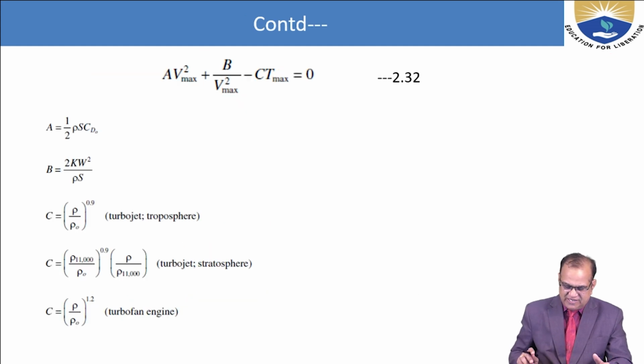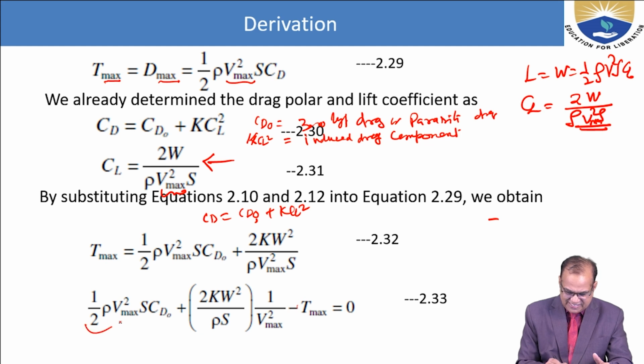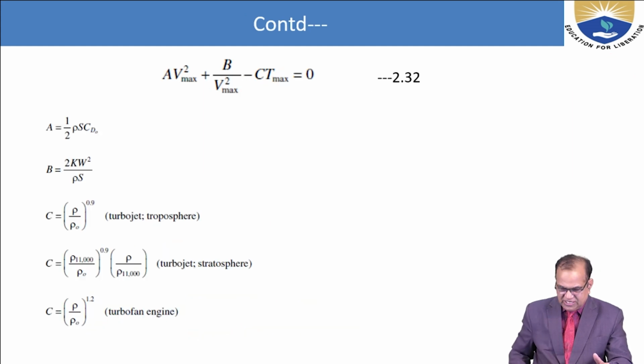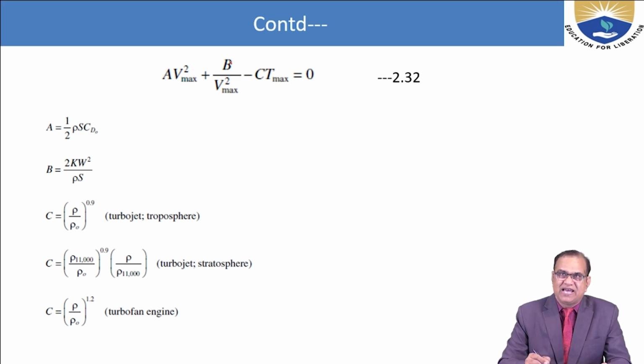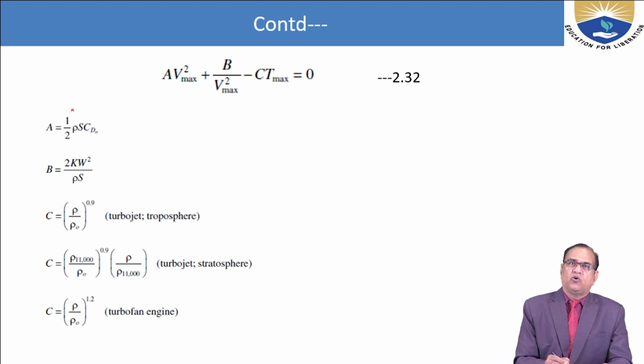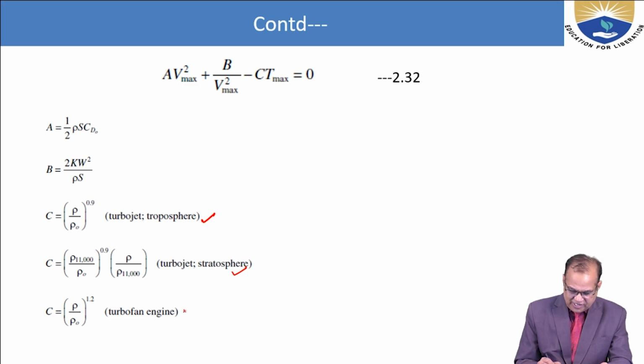Now we can call this A, this B, and this C. So you will get A V square plus B by V square maximum minus C T maximum is equal to 0, where A is equal to half rho V square CD naught, B is equal to 2K W square by rho S. Here C is equal to rho by rho naught to the power 0.9 for the turbojet in troposphere, C is equal to P 11,000 by P naught to the power 0.9, rho by rho 11,000 for the stratosphere, and C is equal to rho by rho naught to the power 1.2 for the turbofan engine.